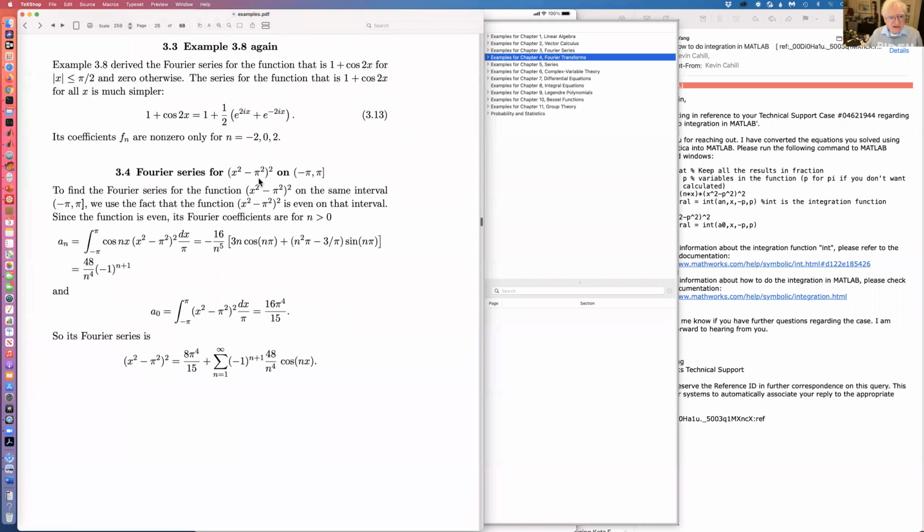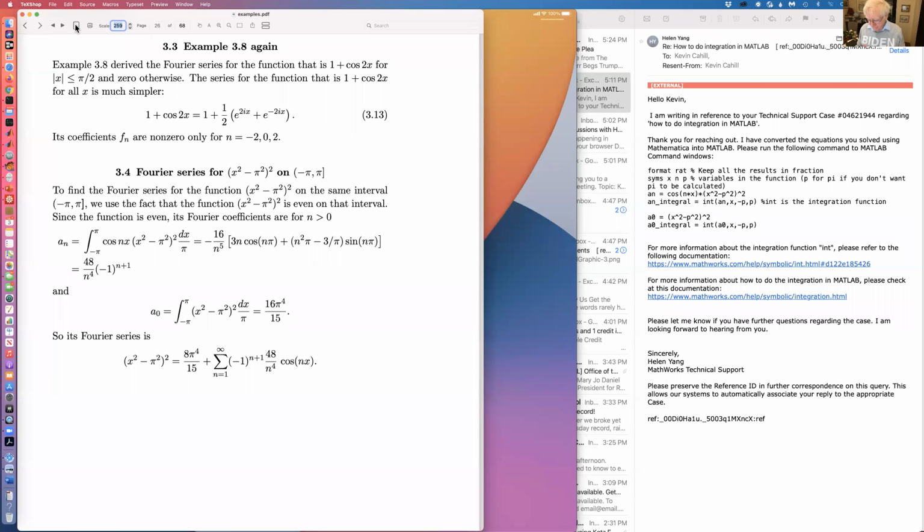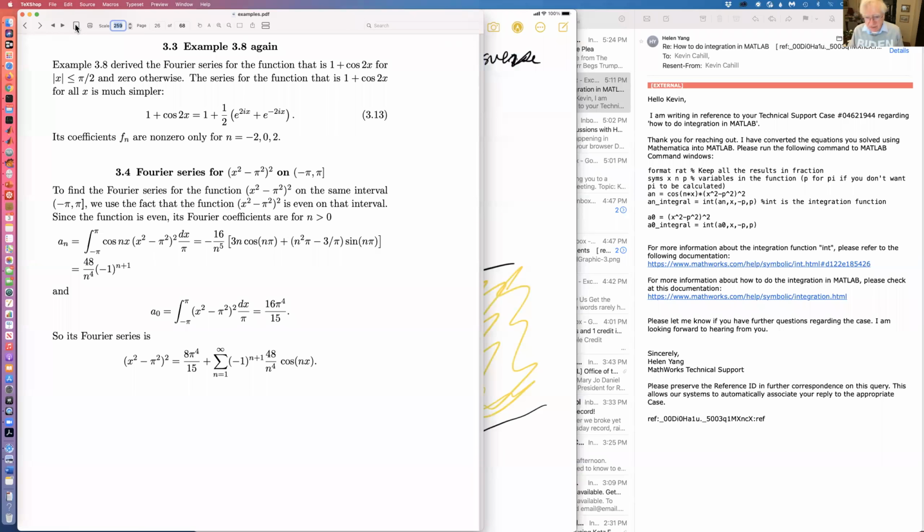So this is just a Fourier series problem that's similar to the one that I assigned, but not exactly the same. And when I did the problem, I used Mathematica to do the integral. So this afternoon, let me just show you the answer.